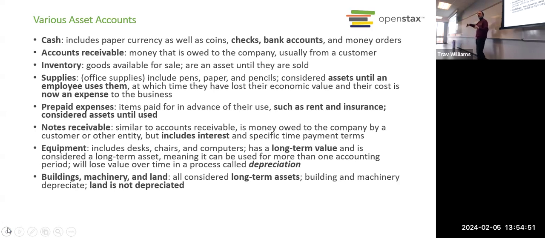Now, the market value might actually change, but we don't depreciate land. And don't worry, we have a chapter on long-term assets where we'll get into detail on how to depreciate. So you don't need to know that just yet. All right, so these are some of the important terms and concepts we'll be using. All right, so any questions out there?